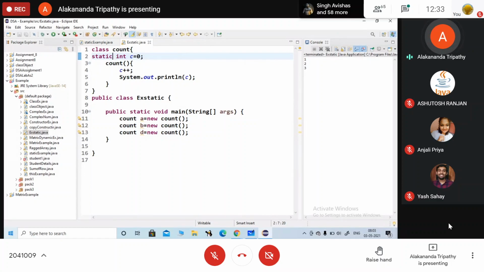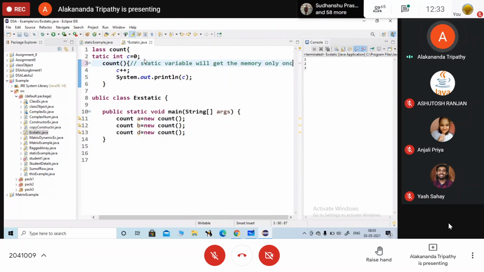So here I am writing in the comment line, static variable, important point है: static variable will get the memory only once.